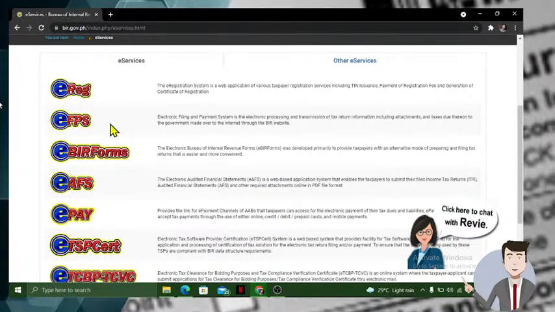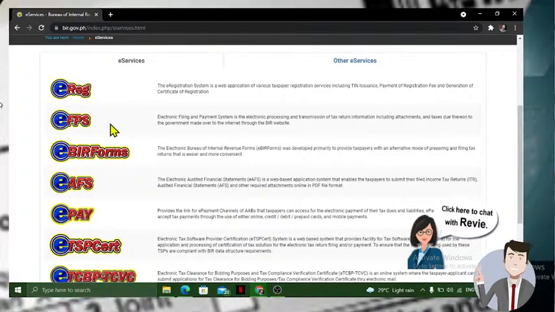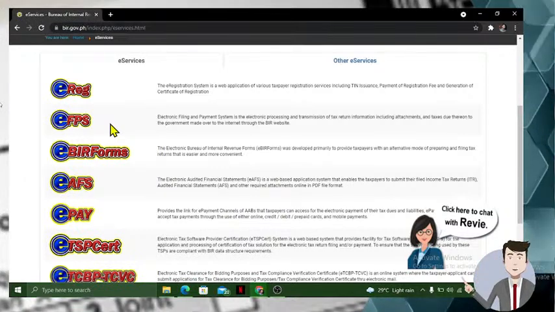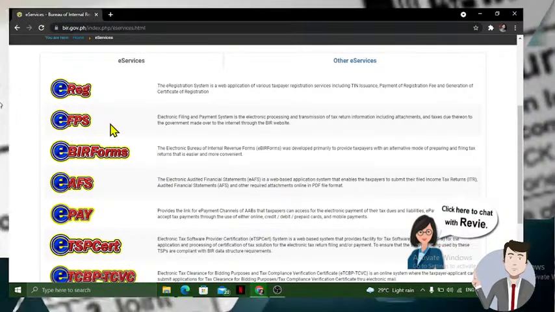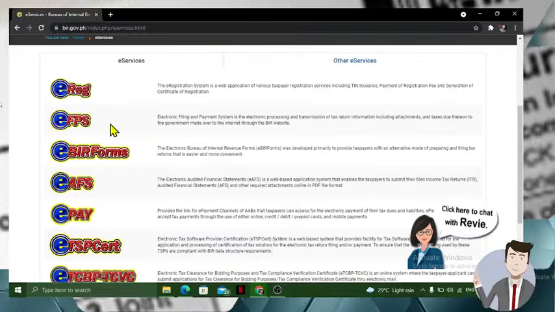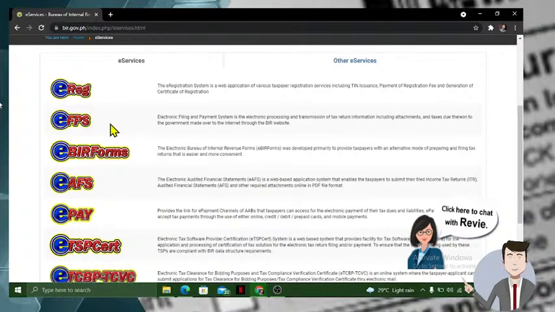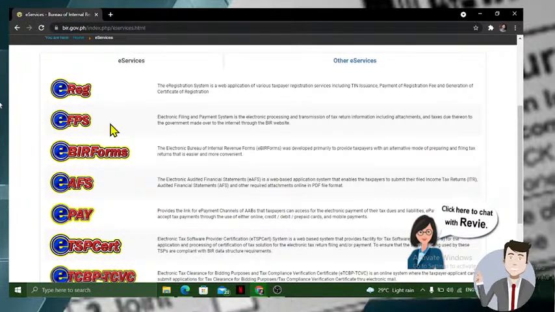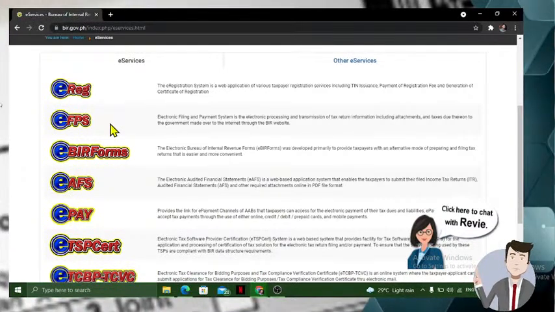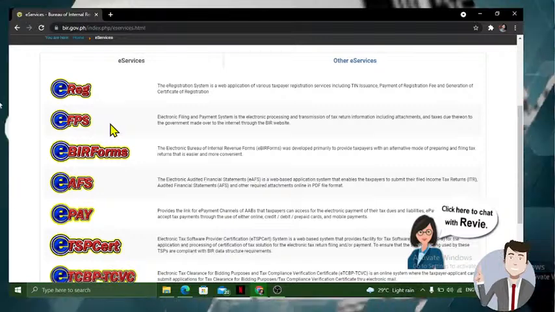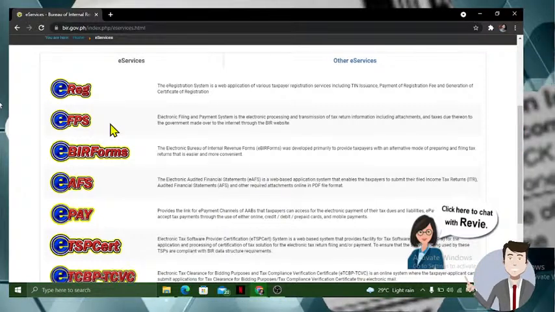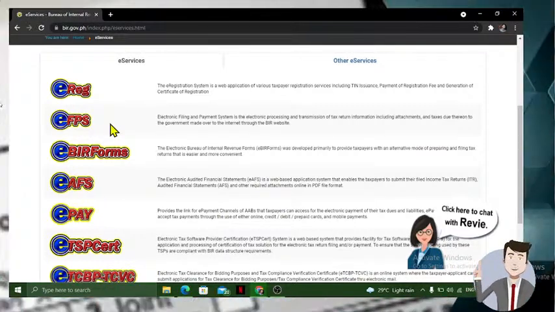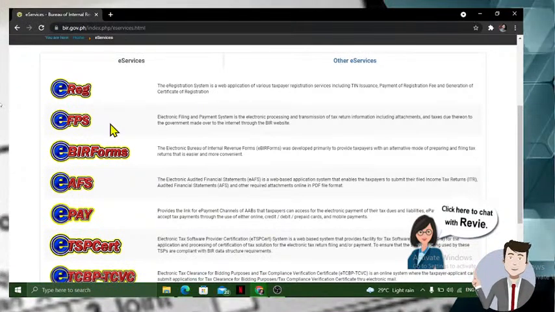Thus, it is necessary for the taxpayer to register with the EFPS facility of the Bureau of Internal Revenue. And also, it is a must that you link this account to your accredited depository banks or government servicing banks, as the case may be.